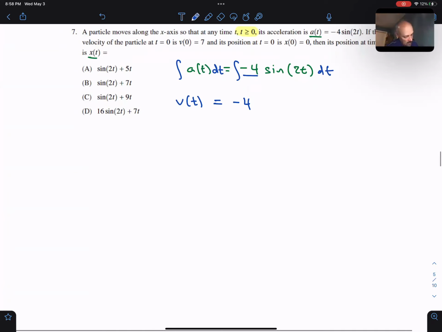Well, that is going to be negative cosine of 2t, but I'm not done. Now what do I do with that 2? Well, if I was taking the derivative, chain rule would tell me to multiply by the 2, but I'm integrating, so I'm going to divide by the 2. So I'm going to write it right there.